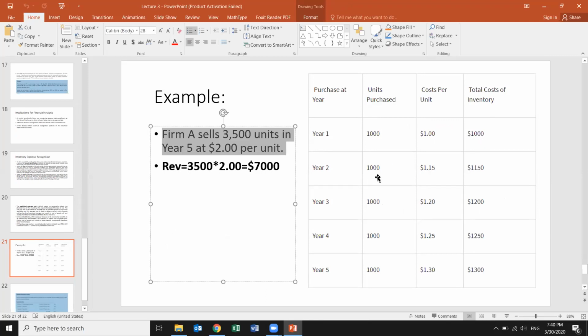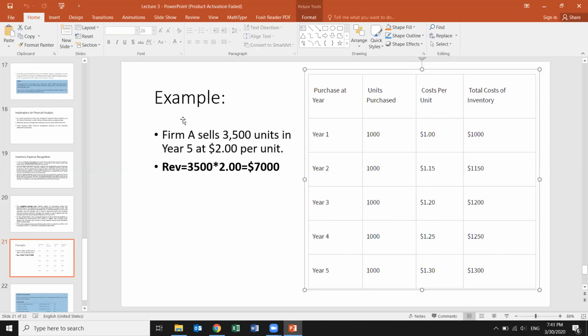In year 2, you purchase 1,000 more units at $1.15, with a total value of $1,150. In year 3, it follows, as you can realize, the price is increasing. The cost per unit is going up.